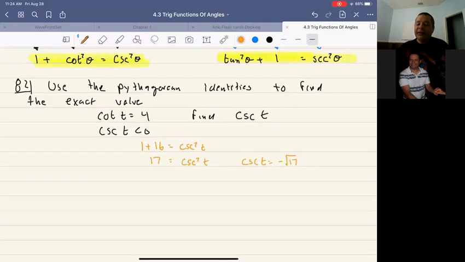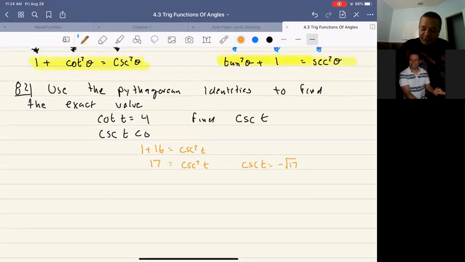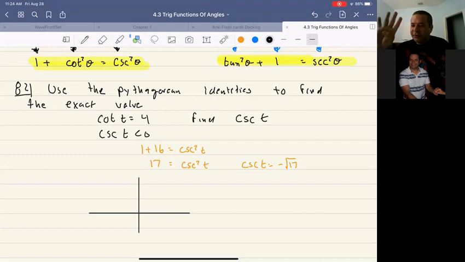Okay, now the other way to do this, you could still have done this with a triangle, so let me show you that. If you wanted to do this with a triangle, you say, okay, cotangent is positive, cosecant, which corresponds to sine, is negative. So that means you have to be in the 3rd and 4th quadrants. But cotangent is positive, so that means you have to be in the 3rd quadrant.